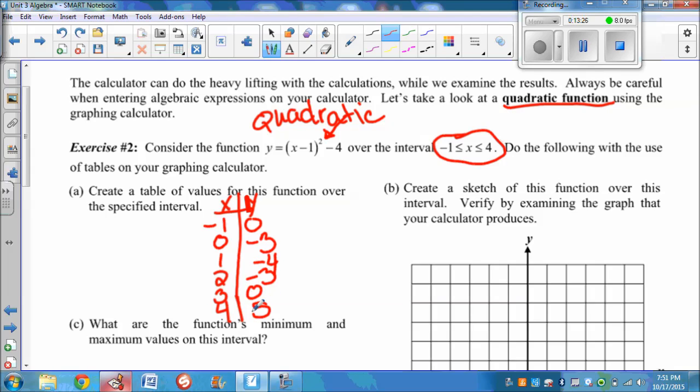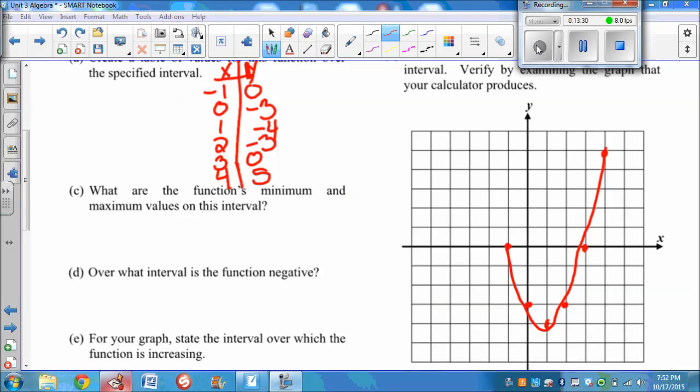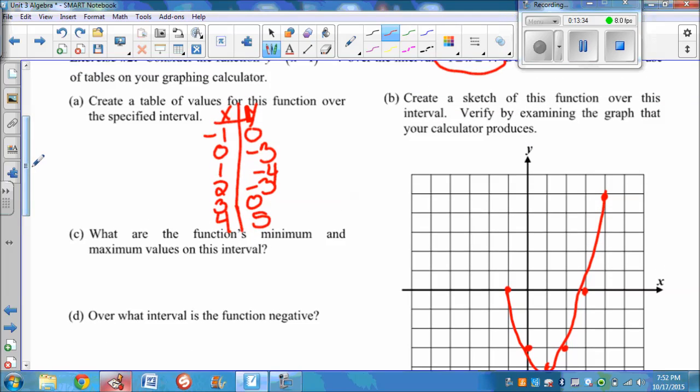Go ahead, pause the video, and graph those points. Okay, so your graph should look like that little hook. Let's put a label on it as well: y equals quantity x minus 1 squared minus 4.